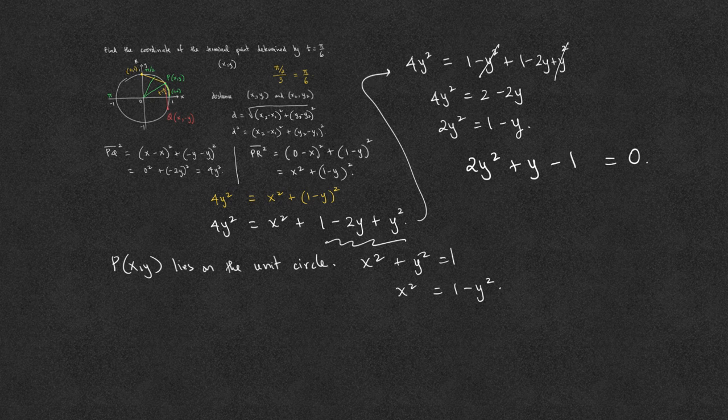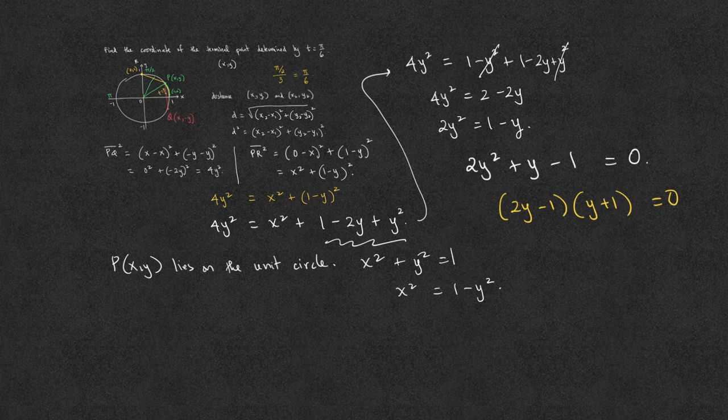We can either use the quadratic formula or we can factor this. This factors nicely into 2y minus 1 times y plus 1. Let's check this. 2y times y is 2y squared. 2y times 1 is 2y. Negative 1 times y is minus y. 2y minus y is positive y. And negative 1 times 1 is negative 1.